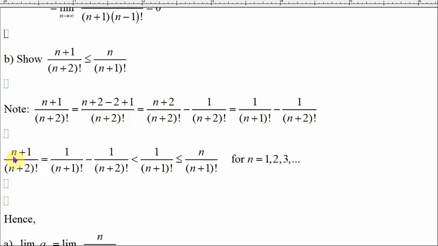And so we have the expression (n plus 1) over (n plus 2) factorial is equal to this. But since n starts at 1, this quantity right here is positive, and therefore this entire expression will be less than 1 over (n plus 1) factorial.